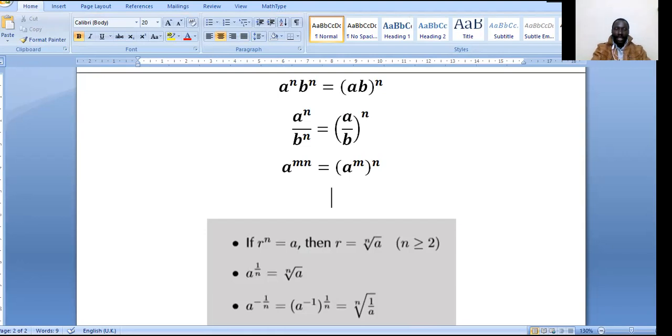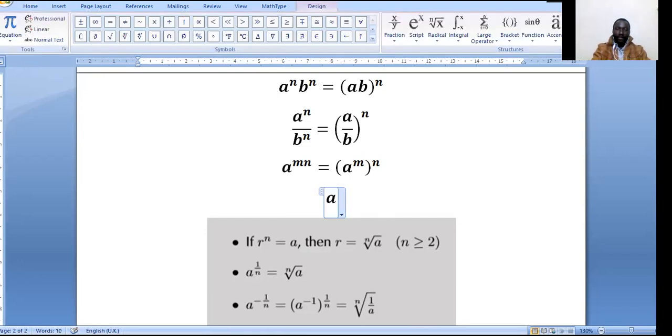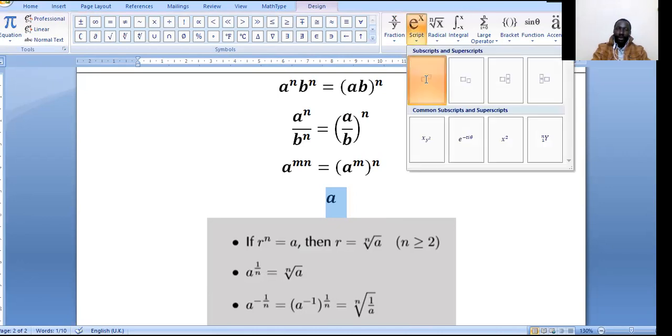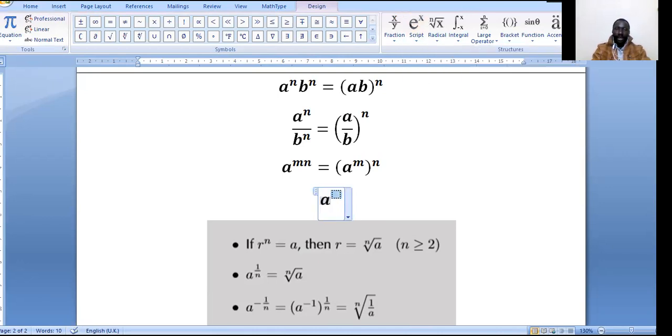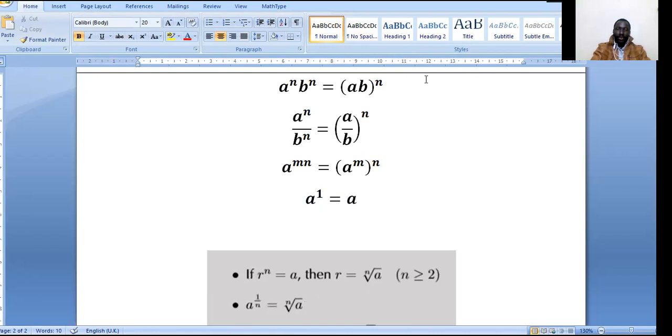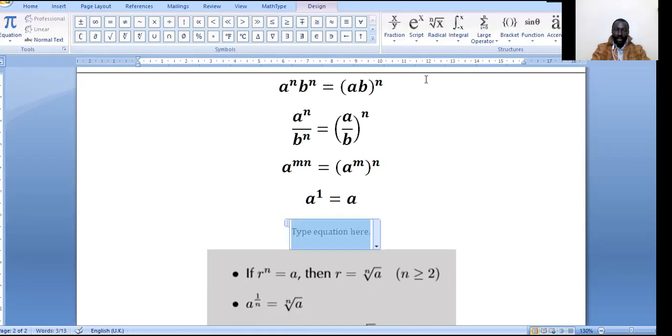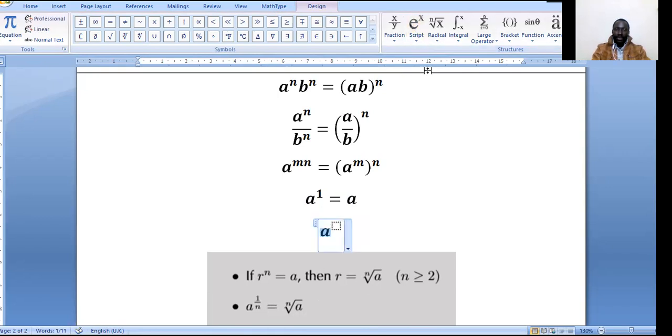The identity property is that if you have a number like a with an exponent of 1, you can simplify this as a. The other thing is, if you have a number or a variable like a with an exponent of 0, this simplifies to 1.